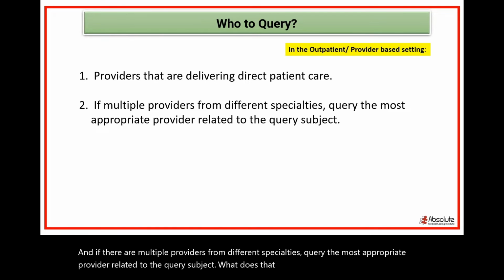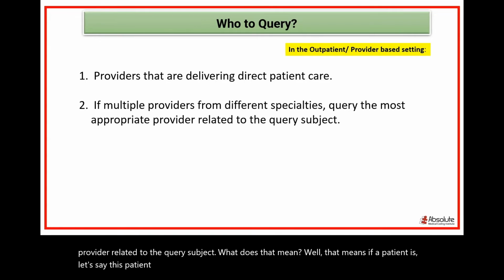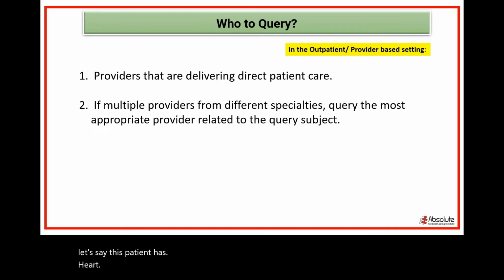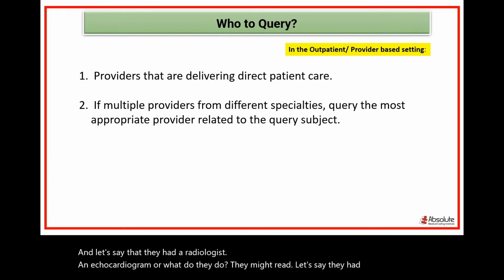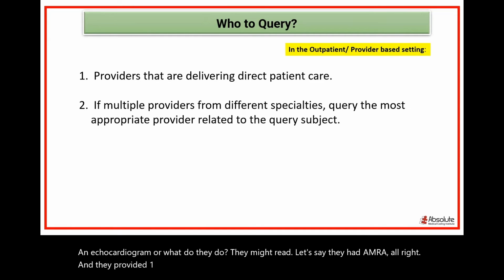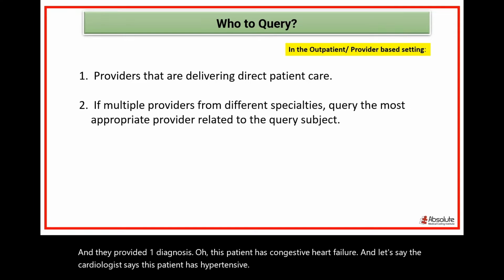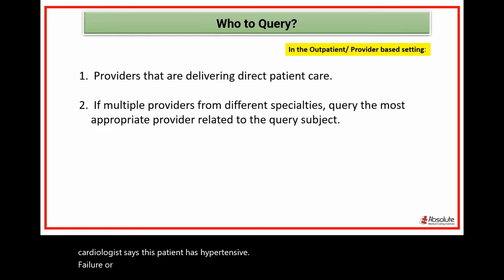Well, that means if a patient has a heart condition, and let's say a radiologist read an echocardiogram, or an MRA, and provided one diagnosis: this patient has congestive heart failure. And let's say the cardiologist says this patient has hypertensive heart failure or hypertensive heart disease with heart failure.